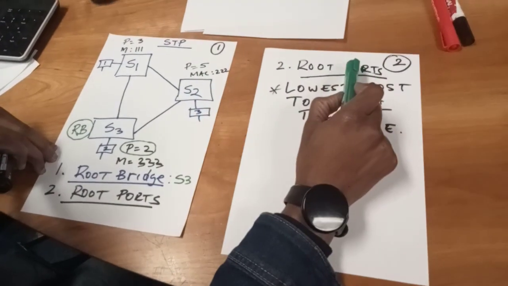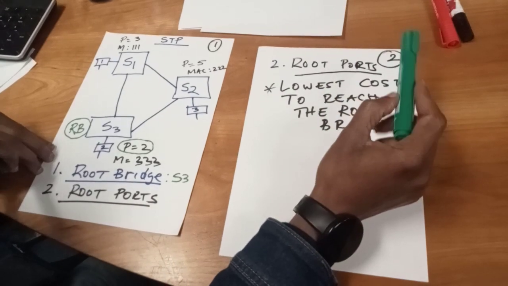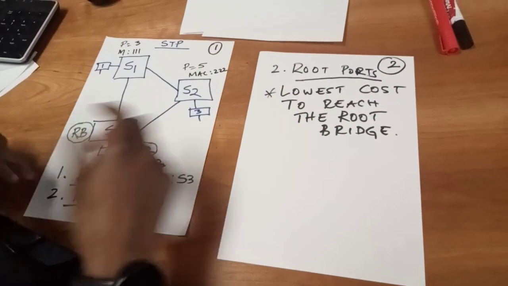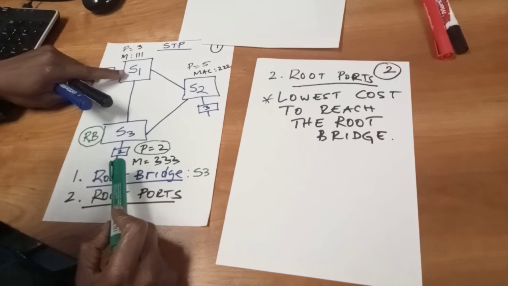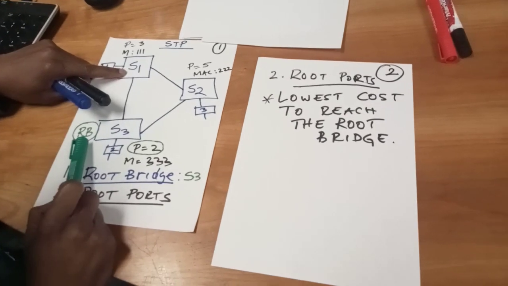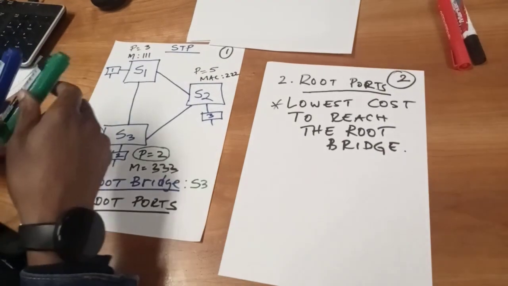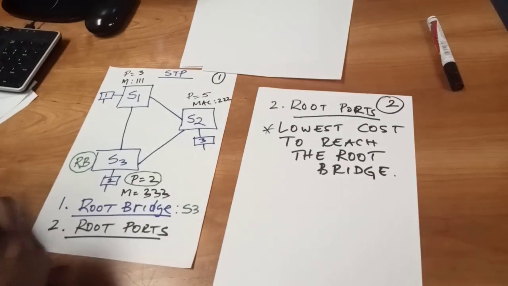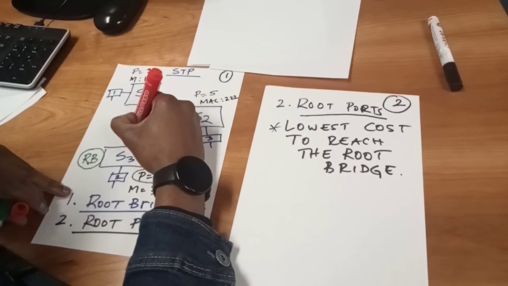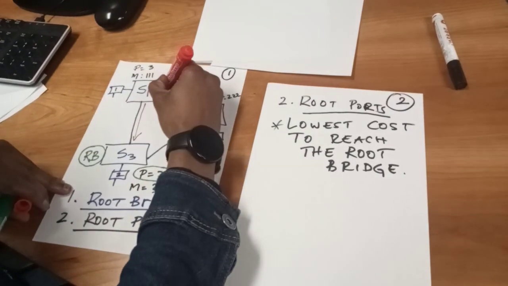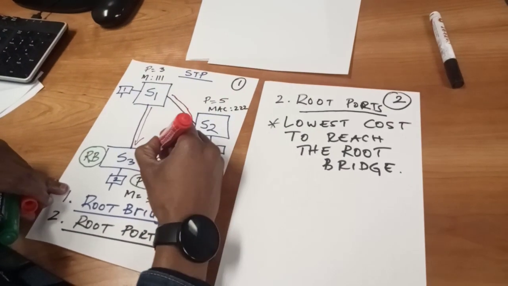You're going to check for what? For the root port. So you can see, guys, when you go from switch number 1, you want to reach the root bridge, right? You can come this way, or you can come this way, right?